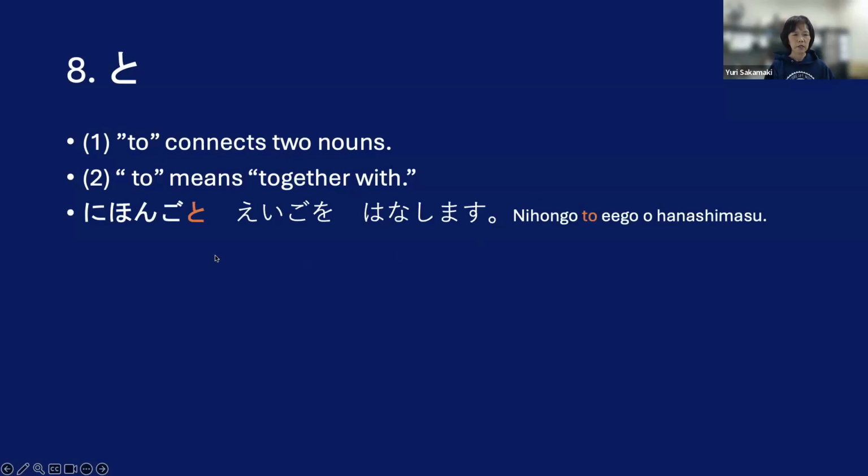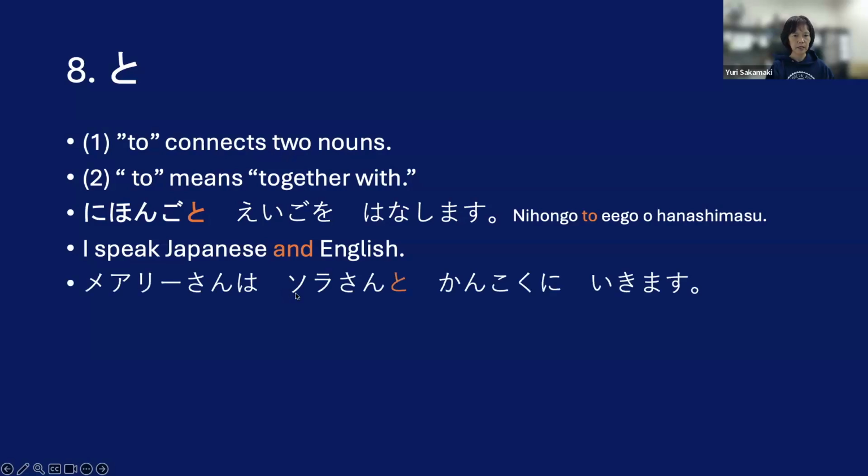So for example, 日本語と英語を話します。So these two, 日本語 and 英語, are the languages that you speak. I speak Japanese and English. So you are connecting 日本語 and 英語 together. It's and. But this one, メアリーさんはソラさんと韓国に行きます。It's not Sora and Korea, but Mary is going to Korea together with Sora.